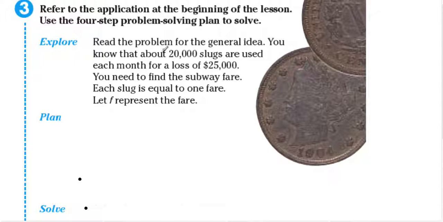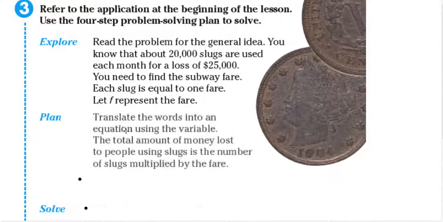So again, in any word problem, let me repeat that again: you need a let statement, or you need to define the variable. So in this case, we let F represent the fare. In our 4-step plan, we try to find a way to solve this problem. We plan a way, translate the words into an equation using the variable.